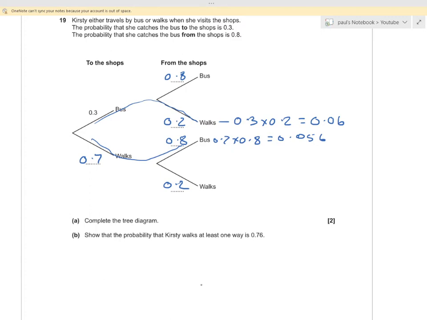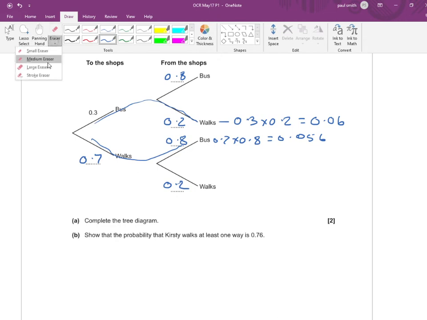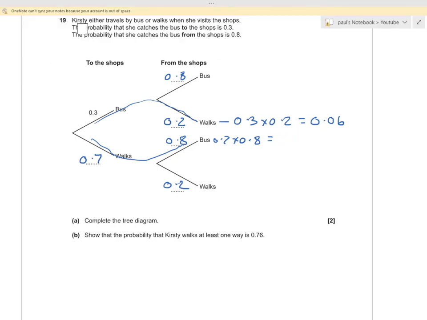So 0.7 times 0.8 is 0.56 if she goes that way. Now she could walk and walk because it says at least. So this will be 0.7 times 0.2, which is 0.14. Now I've got to add those three up together.